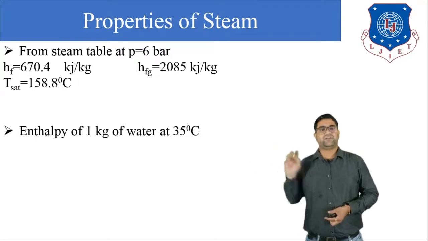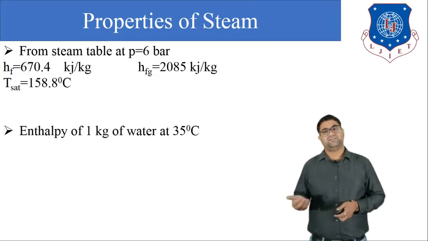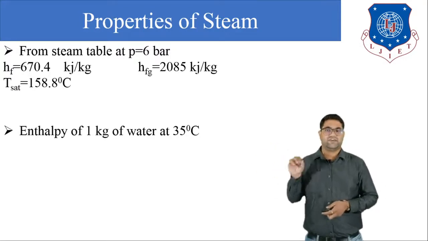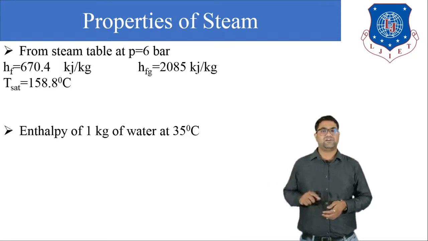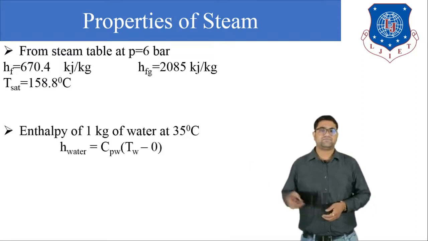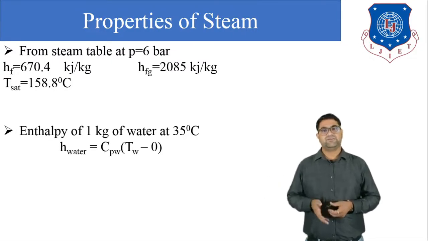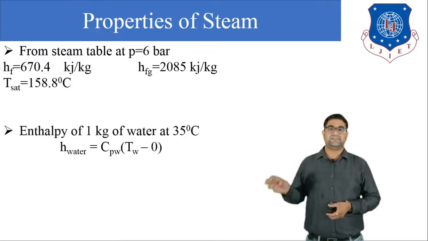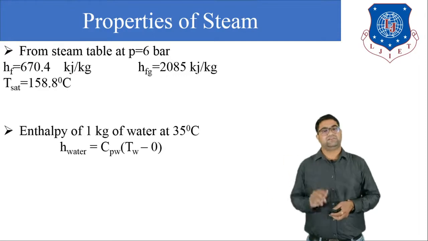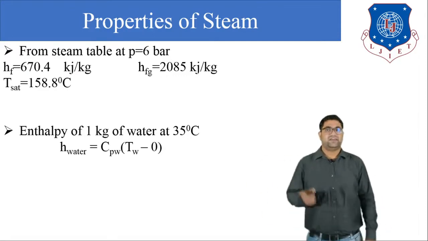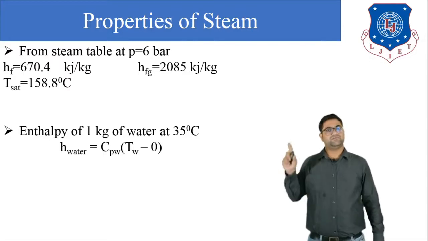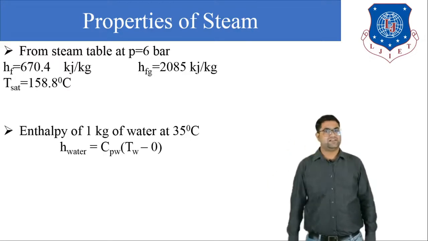Now we are going to calculate the enthalpy of water. Initially, what is the amount of energy stored in the water? We know that the enthalpy of the water can be written as CPW times (TW minus 0). The value of CPW is 4.186 and TW is 35, minus 0 degrees Celsius.